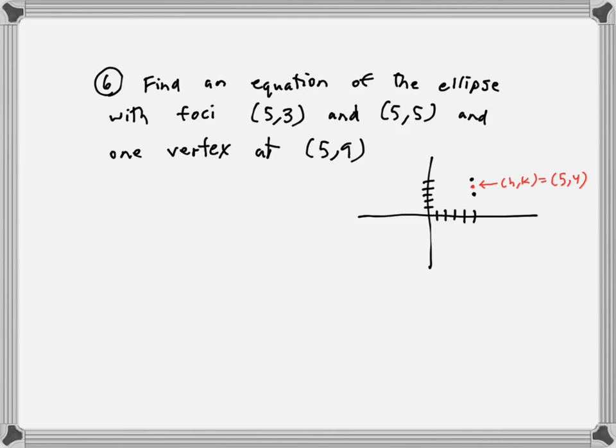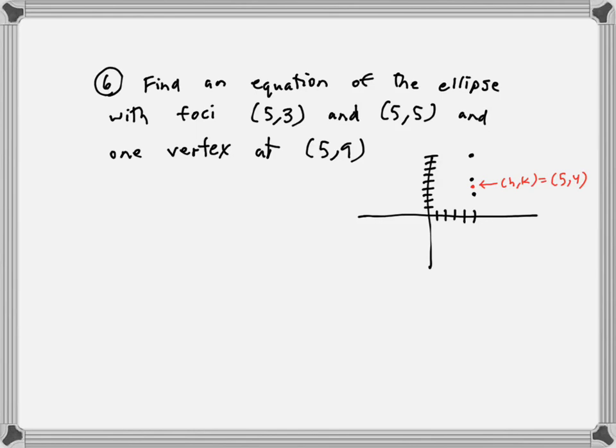Okay, now what about (5, 9)? I would go ahead and plot that on our graph because, so 1, 2, 3, 4, 5, 6, 7, 8, 9, there it is. Why would I want to graph that? Well, it's going to help us because we're going to be able to figure out what a and b are, because remember, a and b is with respect to the translation, right? So what does this tell us?